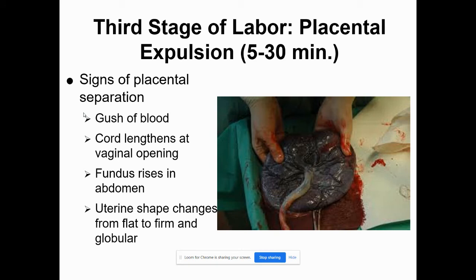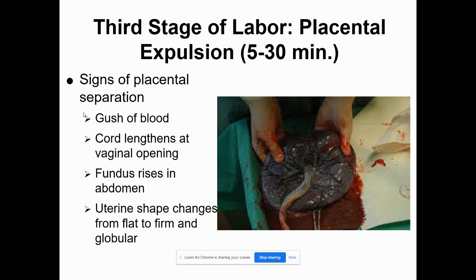The third stage of labor is the placental expulsion. It's the time between when the baby is born and when the placenta is delivered. So after the baby's born, the uterine cavity will become smaller. And when it does so, the surface area isn't as great as it used to be, of course.